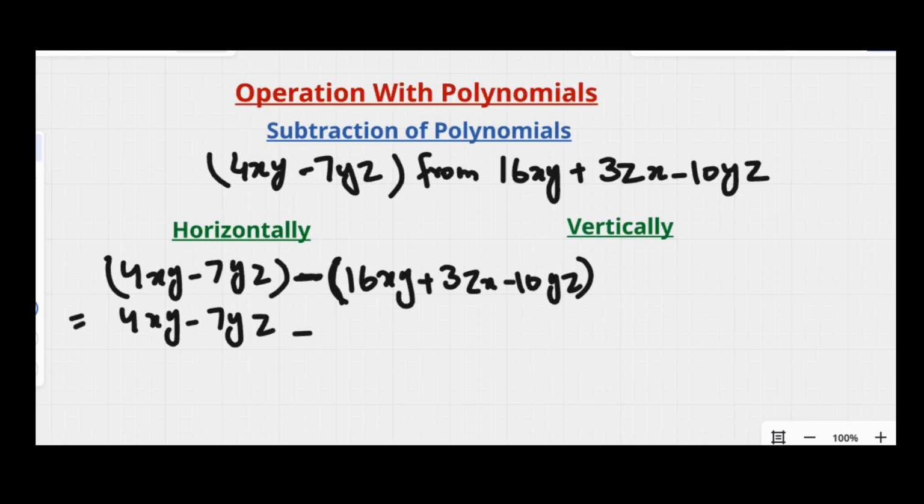So this is minus 16xy, and when this minus multiplies with this plus, it also becomes minus 3gx, and minus becomes plus 10yz.